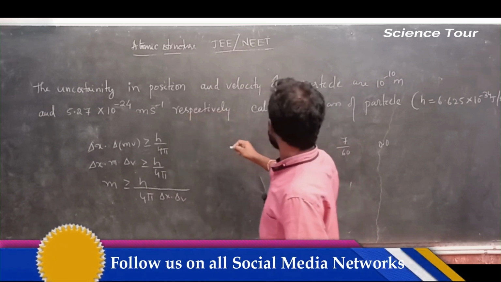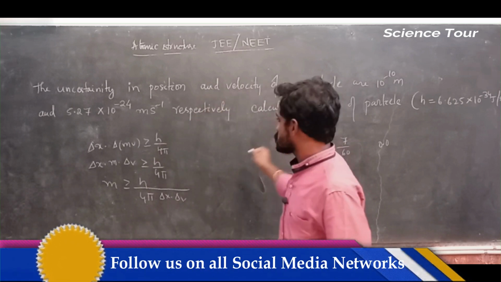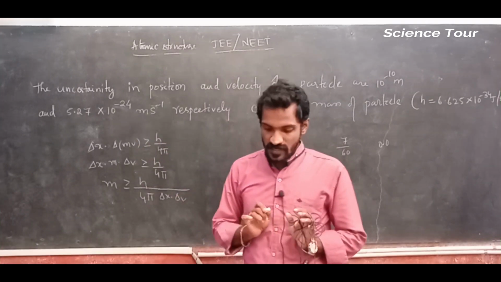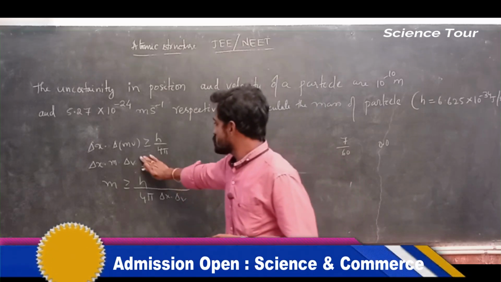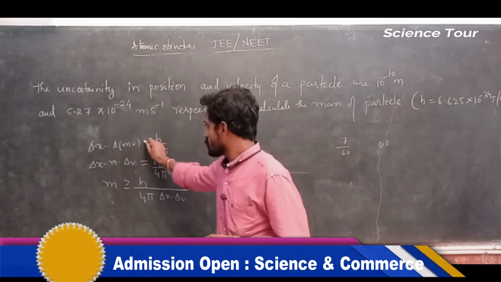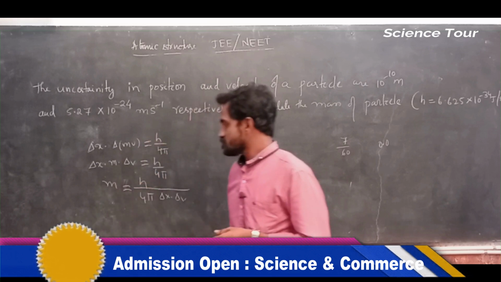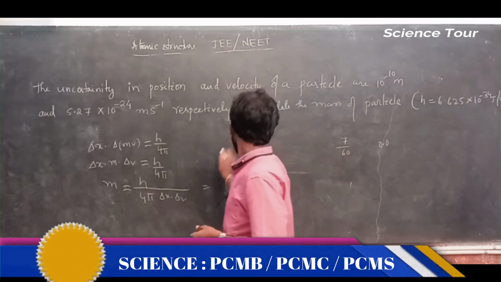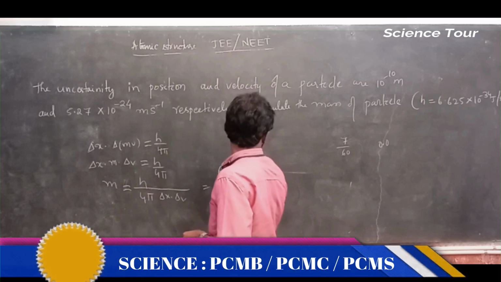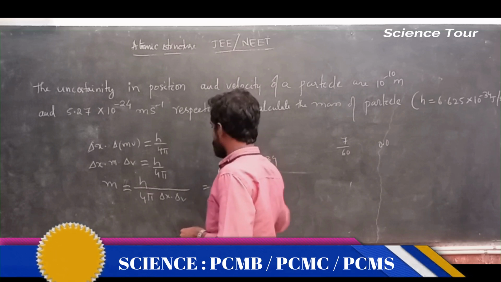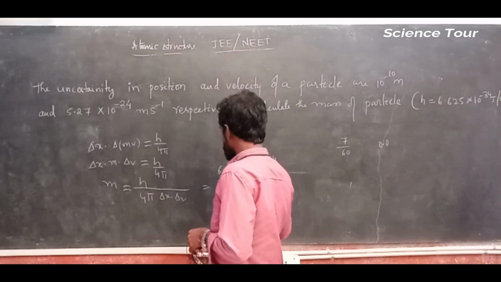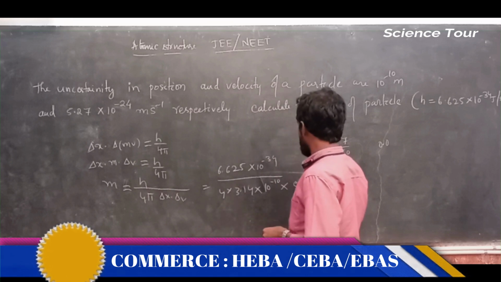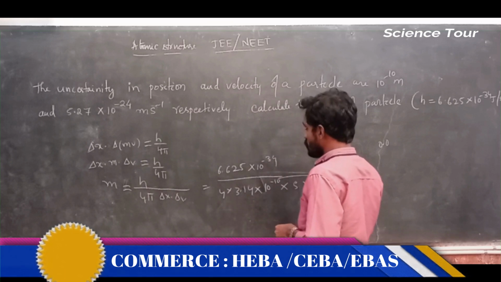Position is 10 to the power minus 10, velocity is 5.27 into 10 to the power minus 24. So m is equal to h by 4 pi delta x delta v. Here you substitute the values: h is 6.625 into 10 to the power minus 34 divided by 4 into 3.14 into delta x, 10 to the power minus 10, and into delta v, 5.27 into 10 to the power minus 24.